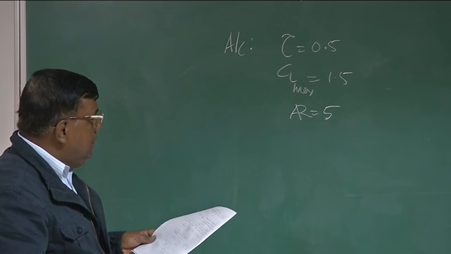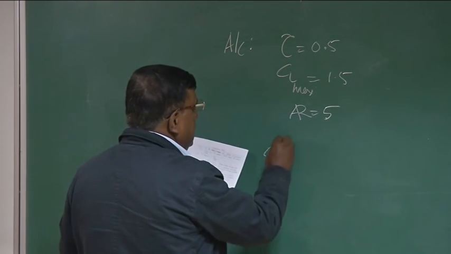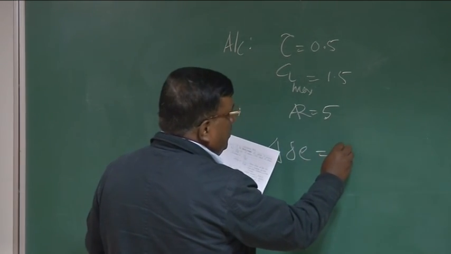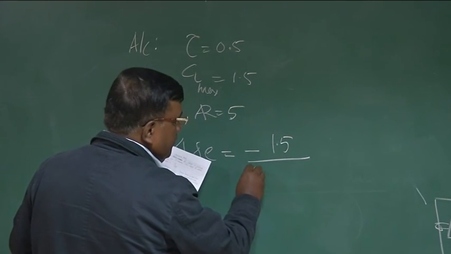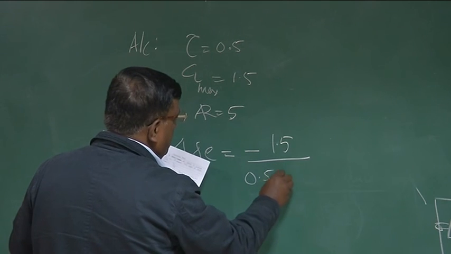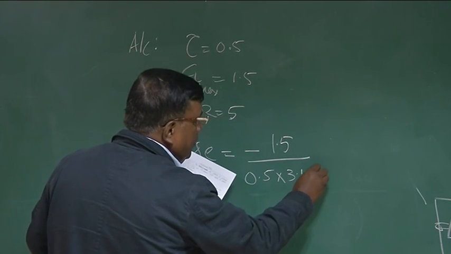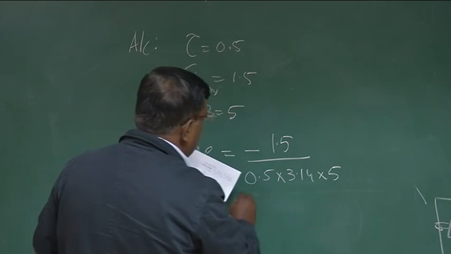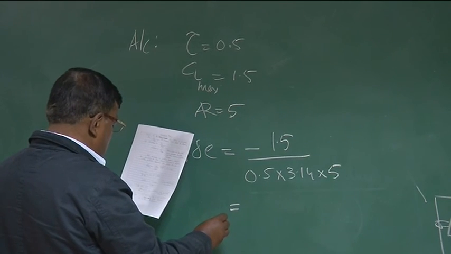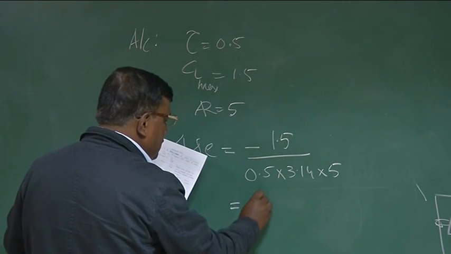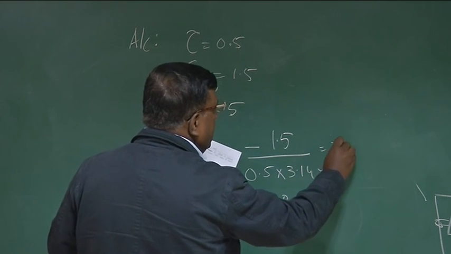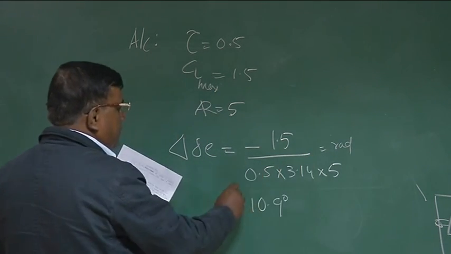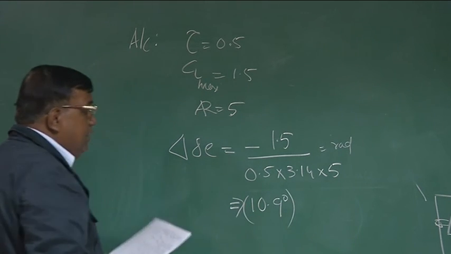So if I now put in delta E equal to minus CL, minus 1.5, by pi, let's say tau is 0.5, pi is 3.14 and aspect ratio is 5. Typically this value, if you calculate, will come down to 10.9 degrees, because this will be in radians, and then you multiply by 57.3 to get degrees.